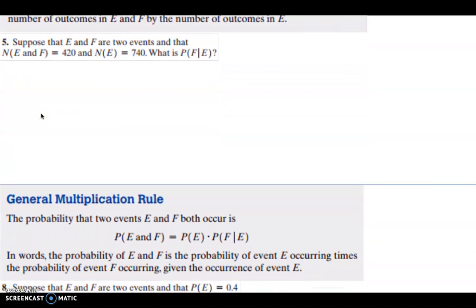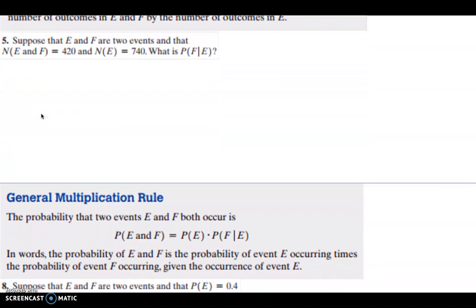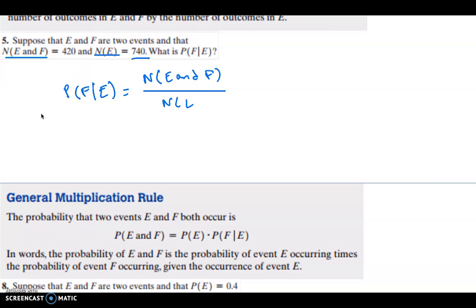So, suppose that E and F are two events, and that the number of outcomes in E and F is 420. The number of outcomes in event E is 740. What's the probability of F given E? So the probability of F given that E has occurred is just going to be the number of outcomes in E and F divided by the number of outcomes in E, which is 420 over 740.